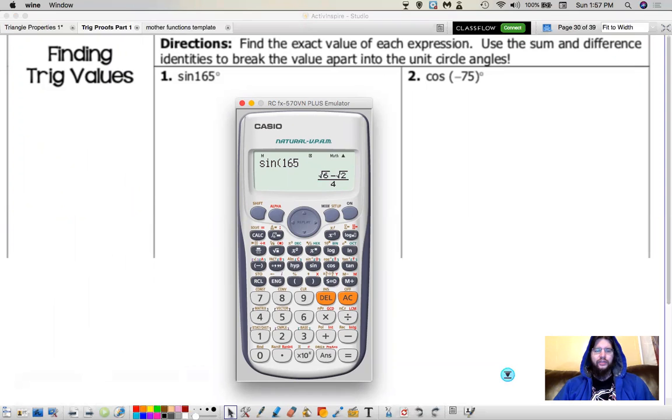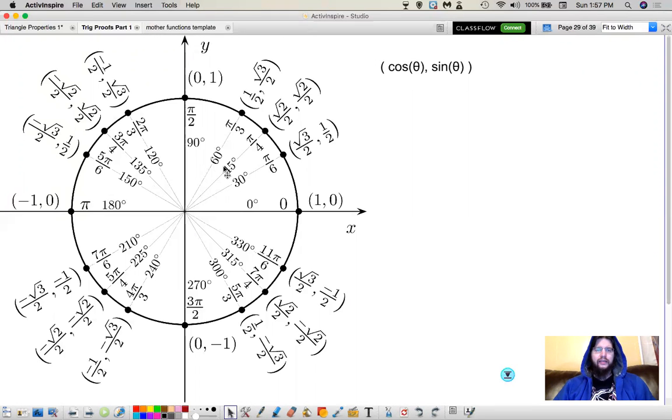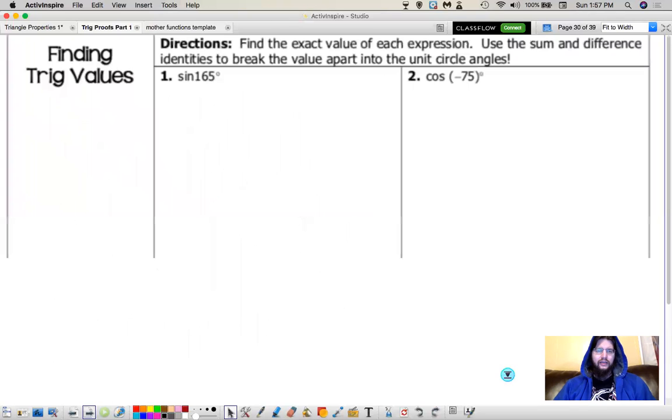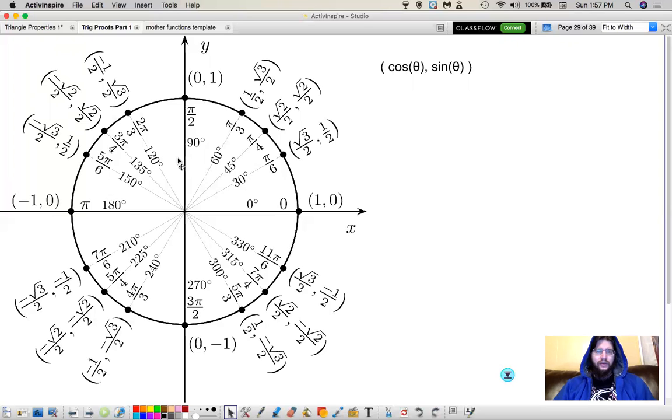So what I want you to do is figure out how to combine these angles with a sum or difference to get 165. So let's see. Here's our options. We're adding or subtracting. So I can say 180 minus something. Well, that's not going to work because we don't have a 15 in here. We got 30, 45. That 45 we're probably going to use since it has a 5 in it.